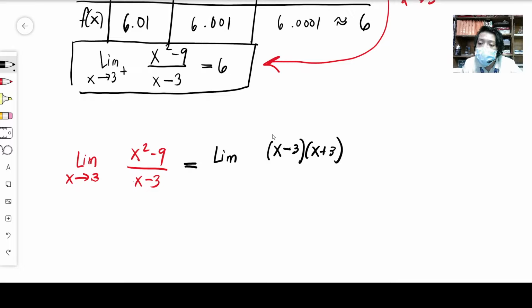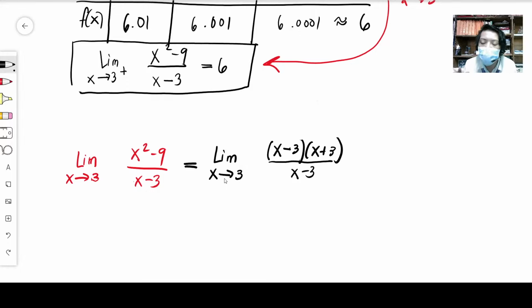If you multiply this, it is equal to x squared minus 9. So technically, we did not change the value of the function, because x minus 3 times x plus 3 is equal to x squared minus 9. Of course, it is still over x minus 3, as x approaches 3.